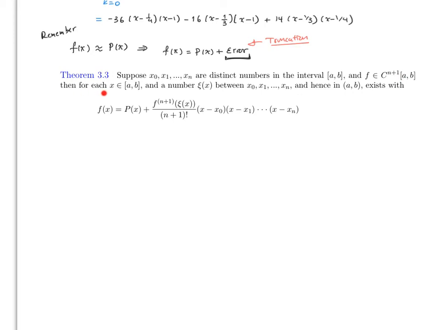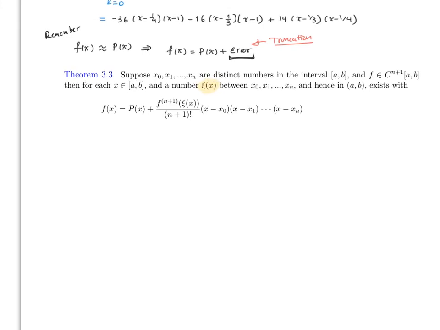Therefore, for each x that belongs to the interval a to b, there is a number ξ(x), which is usually unknown.